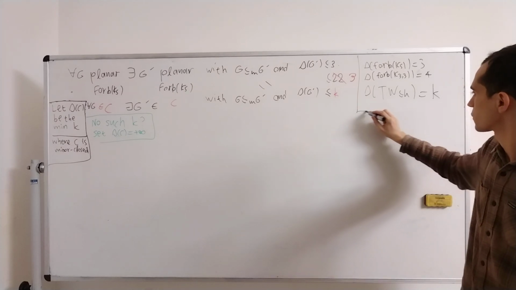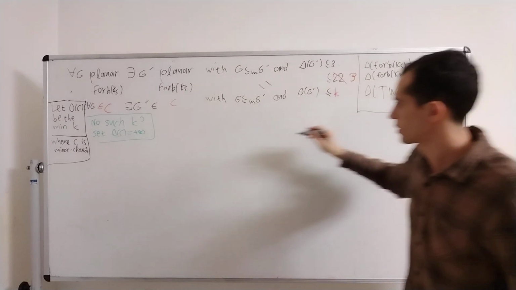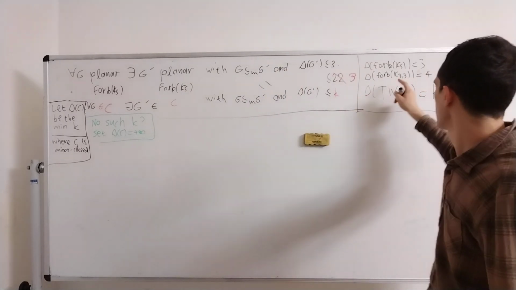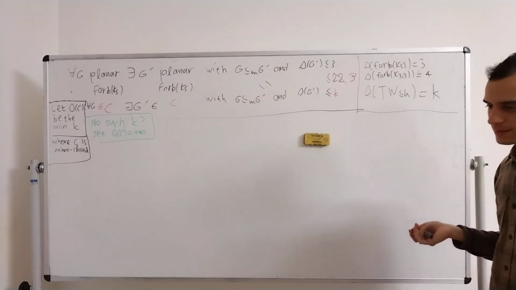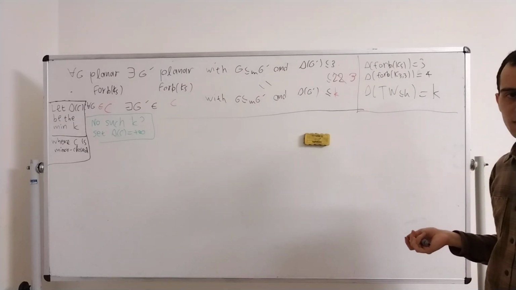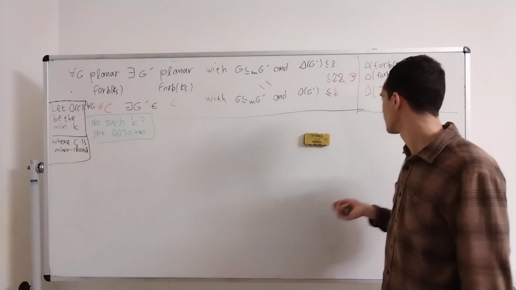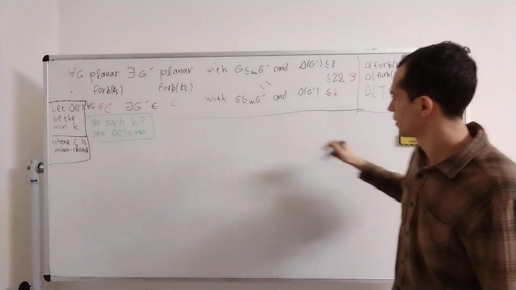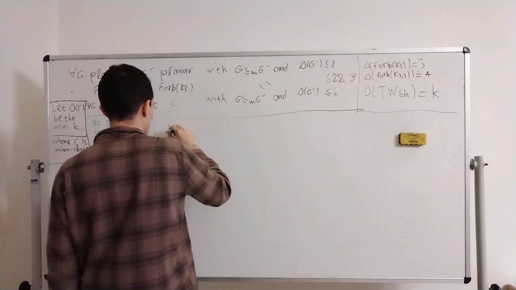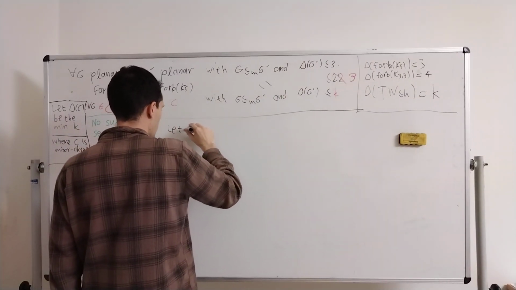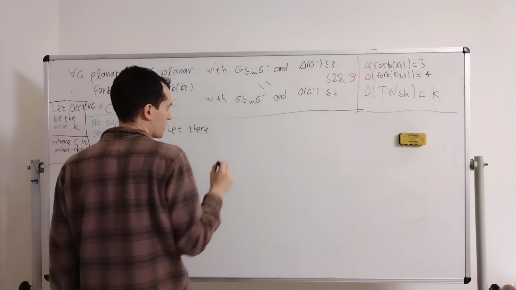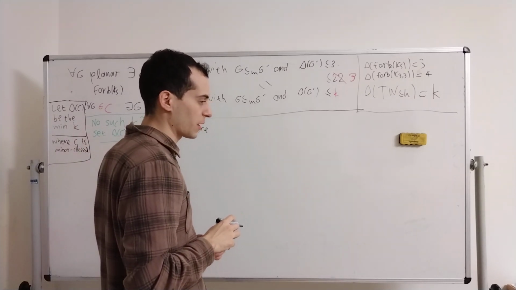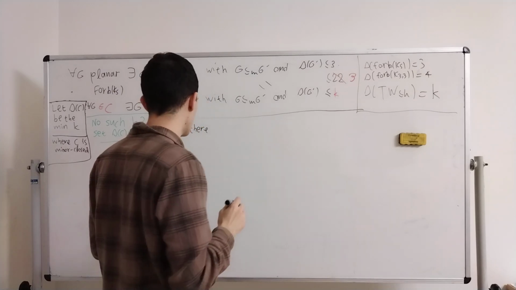Actually, I can show a very simple lower bound. For forbidding K3,3, it's quite simple really. We want to show that not every graph excluding K3,3 is a minor of another graph excluding K3,3 of maximum degree 3.